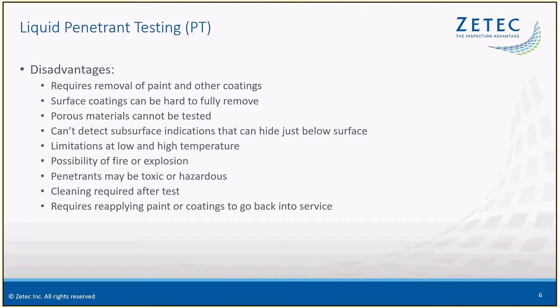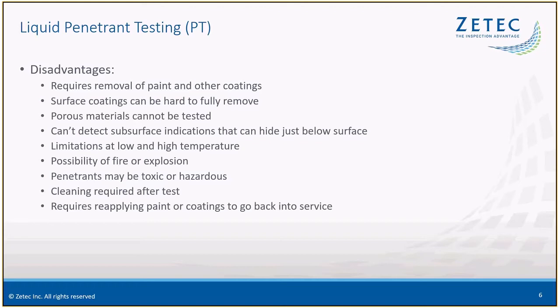In very cold or very hot weather, you can't use it. There's potential for fire and explosion with the chemicals, so you have to be aware of the hazards that go along with handling all the chemicals.